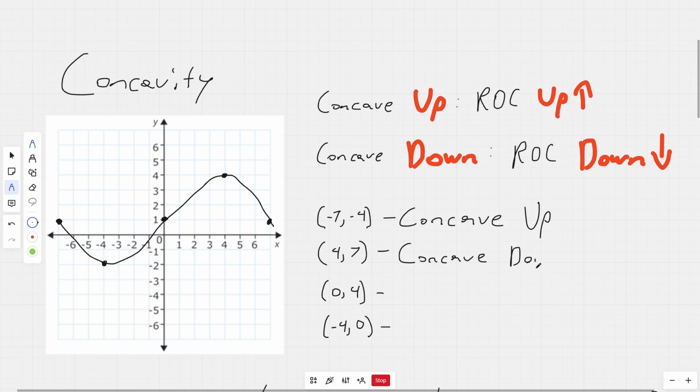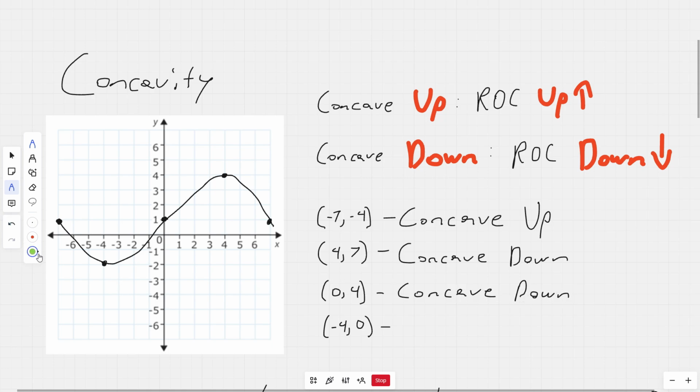Now 0 to 4. Even though it's going up, it really wants to go down, so it's slowing down its upward speed, putting on those brakes, and then going back down. So this is concave down.